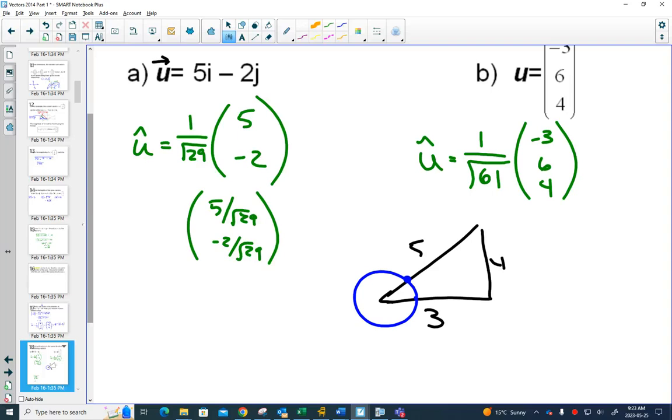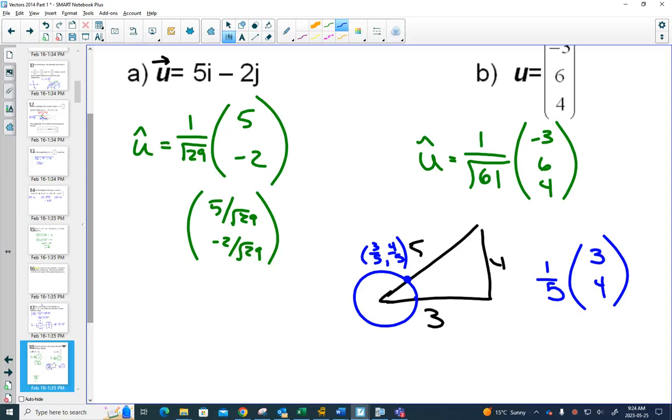Cos theta happens to be 3/5, and sine theta would be 4/5. And really, that point, 3/5 and 4/5, is just 1/5 of 3 and 4.